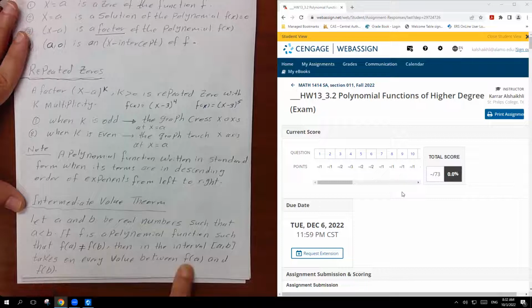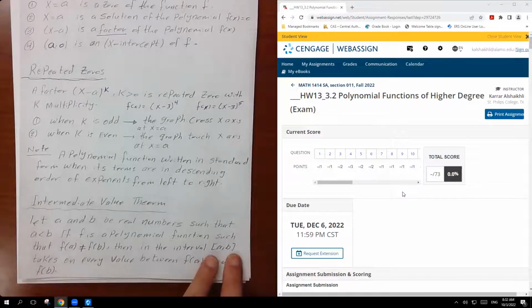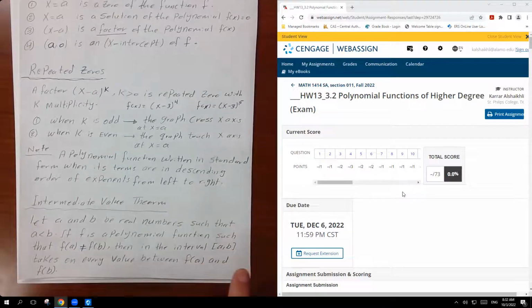So every value between f of a and f of b is going to be between these two points. This is just a simple explanation of the intermediate value theorem.